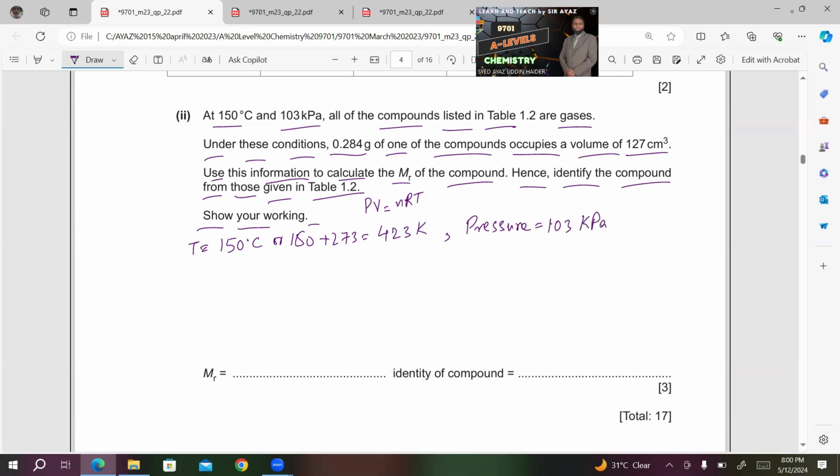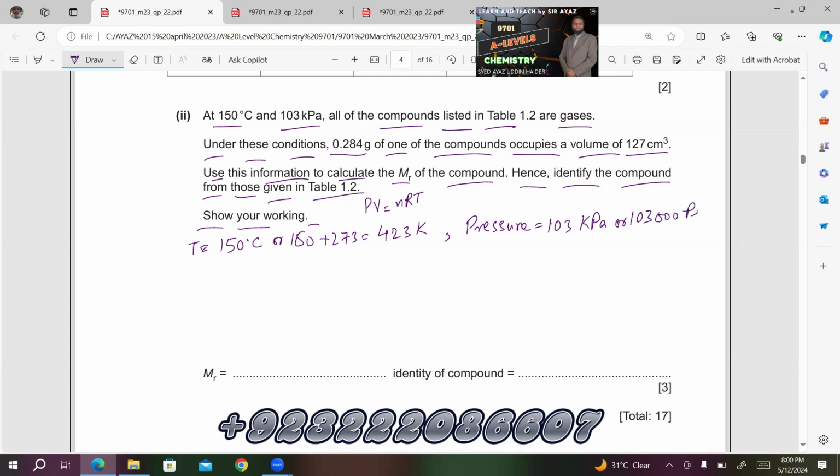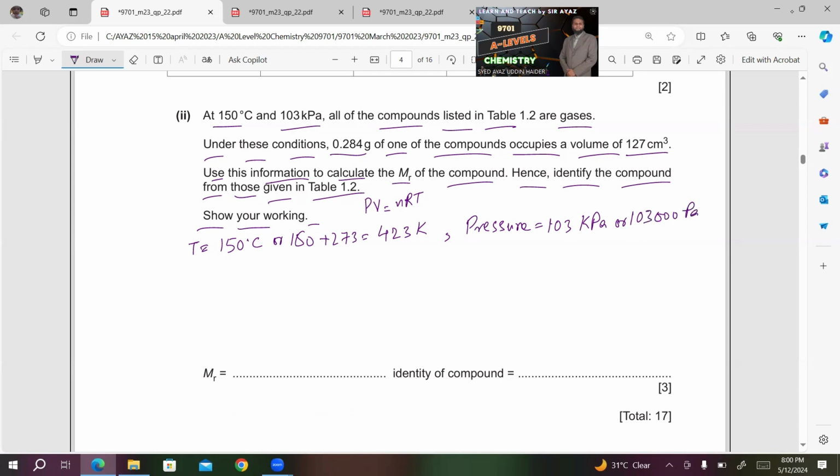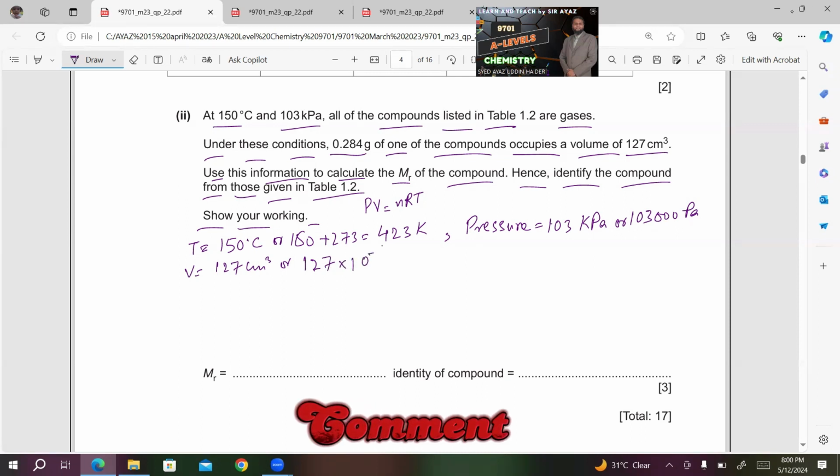We need it in Pascal, so I will multiply it by 1000 and get 103,000 Pascal. Volume V is 127 centimeter cubed. It must be in meter cubed, so I will divide it by 10^6. So 127 multiplied by 10 raised to the power -6 will become meter cubed. Mass is also provided.